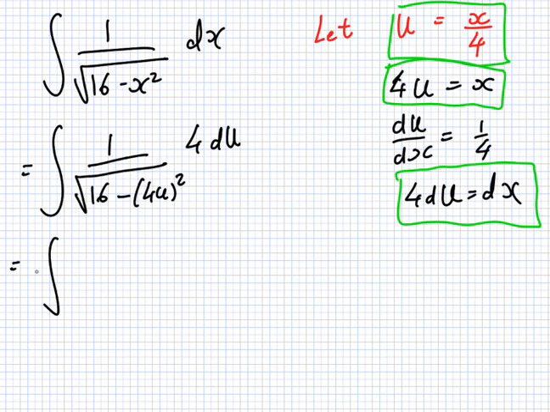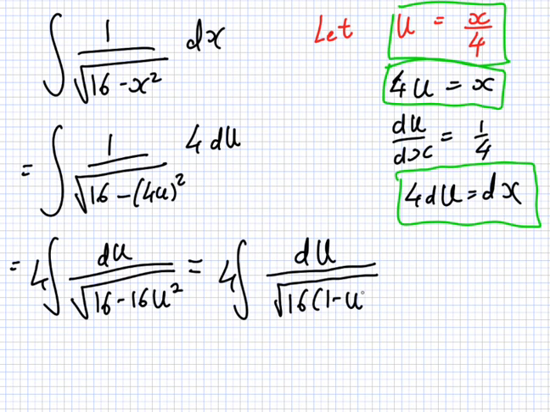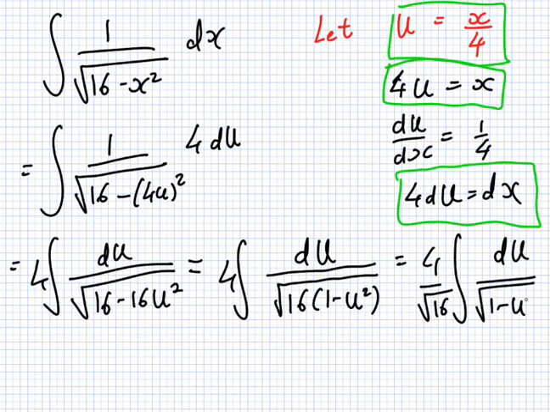So this is 4 du over square root 16 minus 16u squared, which is 4 du over root 16 times 1 minus u squared, and I can take that root 16 out in front, root 1 minus u squared.